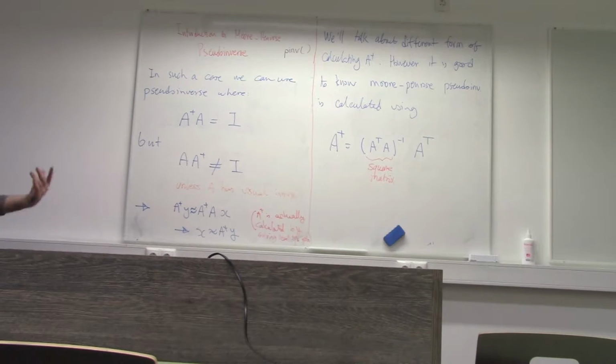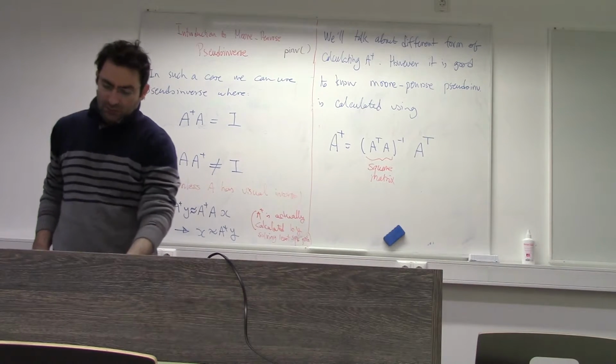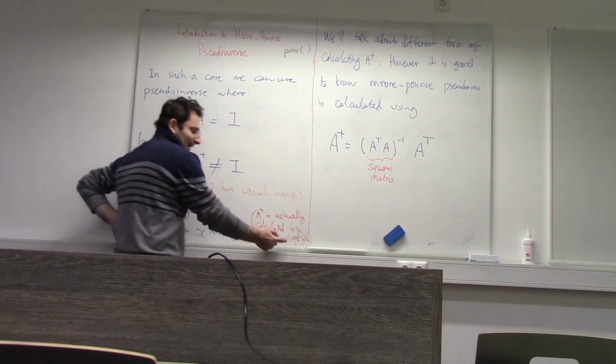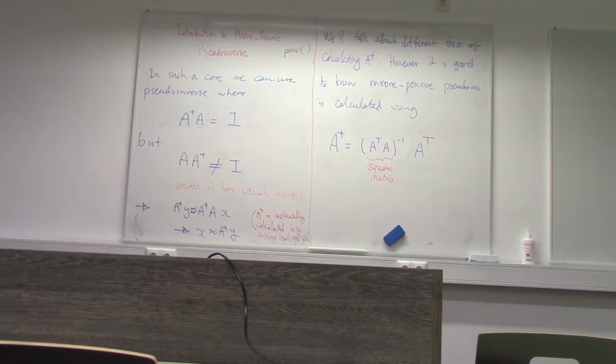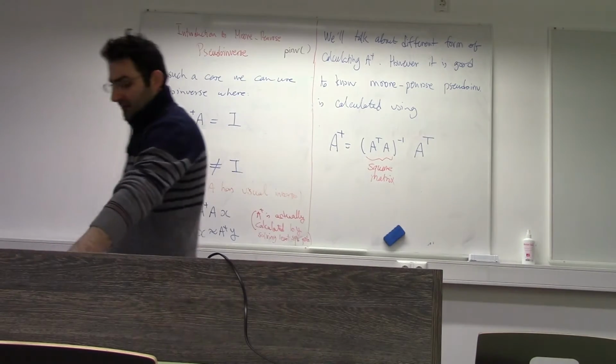MATLAB, as I said, uses the command pinv in order to calculate it, and in order to calculate it, MATLAB does not use the least square problem. It uses singular value decomposition, which we will talk about in the next chapter.